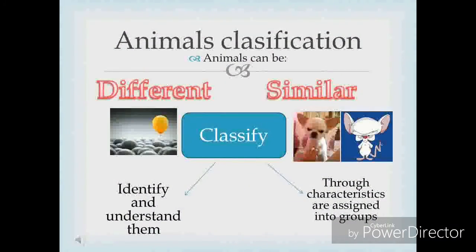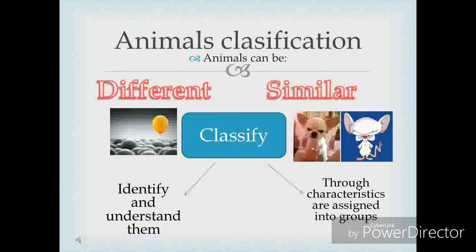Around the world, we can find different types of animals, and they can be different or similar. Classifying animals is very important because it helps us to identify and understand them.